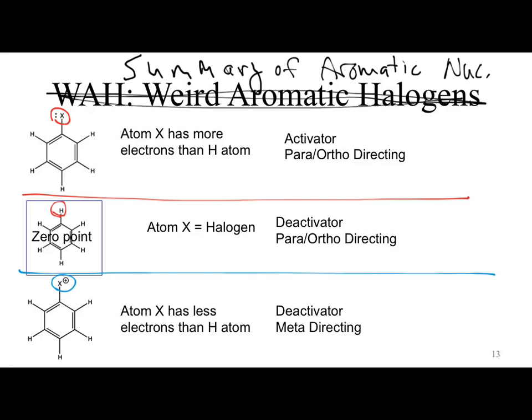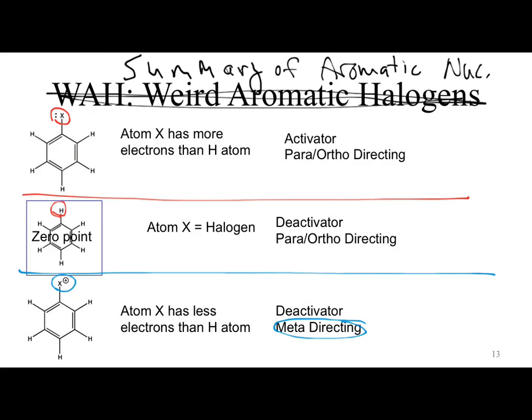Well, if the ring loses electrons, it loses its ability to act as a nucleophile, and it ends up deactivating the ring. Okay, so our reaction goes slower. Also, as a repercussion of that electron withdrawal, we get meta-directing. Okay, everybody remember ortho, meta, para? We need to review those.